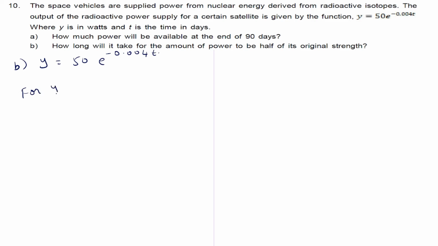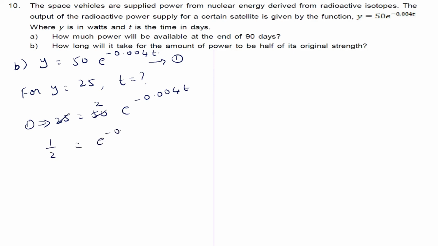So for y equal to 25, we need to find t. Equation 1 implies 25 is equal to 50 into e raised to minus 0.004t. This will go 2 times. So we have half is equal to e raised to minus 0.004t, or e raised to 0.004t equal to 2.